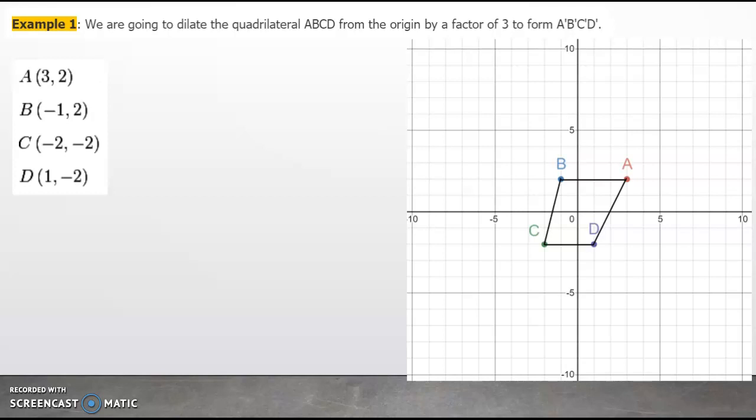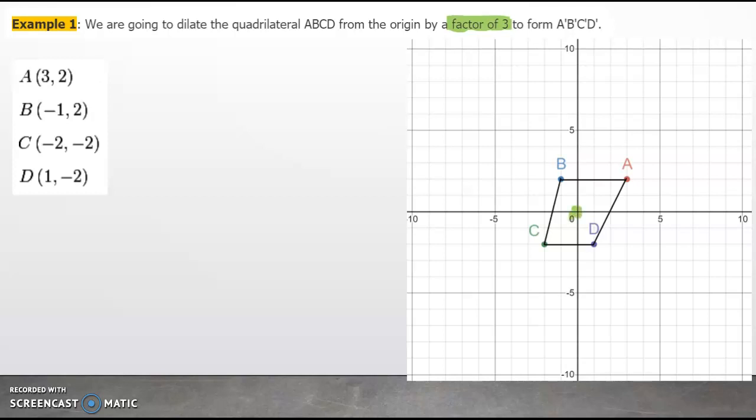So if I look at this first figure, we're going to dilate this quadrilateral ABCD from the origin by a factor of 3 to form our new shape A prime, B prime, C prime, D prime. And how we're going to do that is we look for what our dilation factor is. I want to dilate by a factor of 3 from the origin.